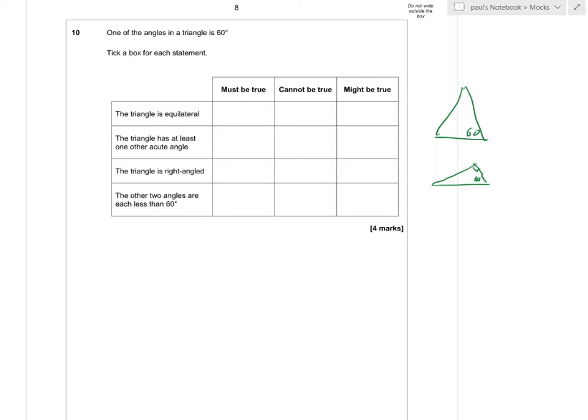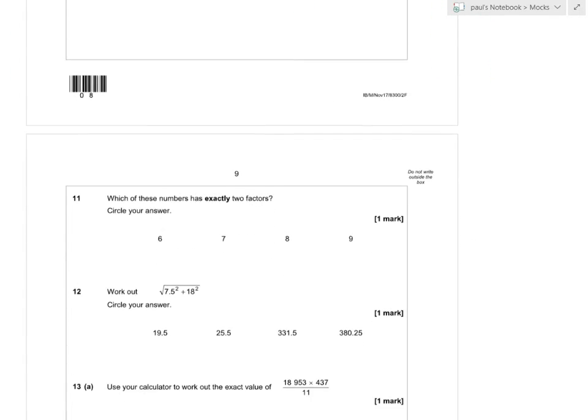I think that might be true, because it might be a right angle. The triangle has at least one other acute angle. Yes, that must be true. Triangle's right angle might be true. The other two angles are each less than 60. That cannot be true, because they all add up to 180.